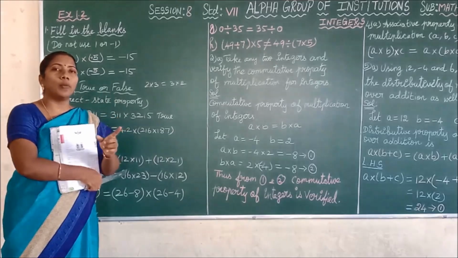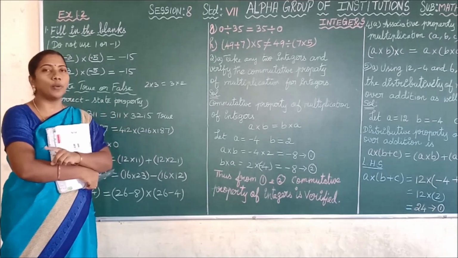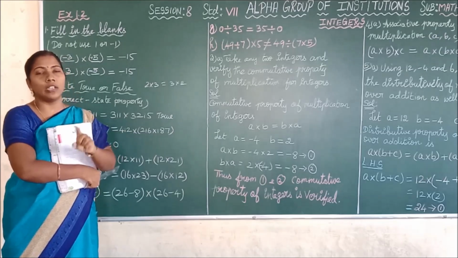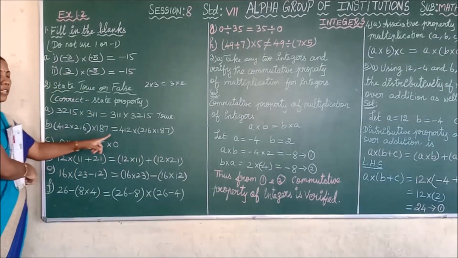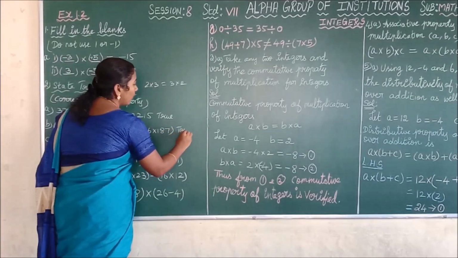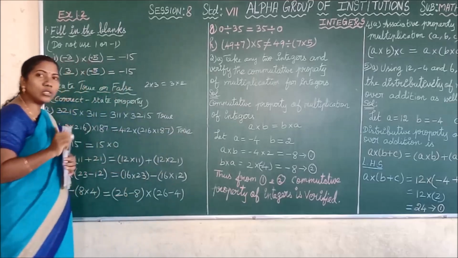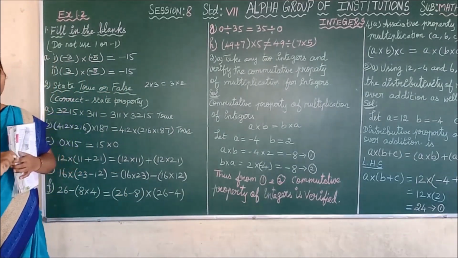In distributive property also they will take three integers, but in distributive property you have two operations. In associative property you have only one operation. So this statement is true. Very good. So you have to write true. And the property you have to write here is associative property of multiplication for integers. You have to write like this.